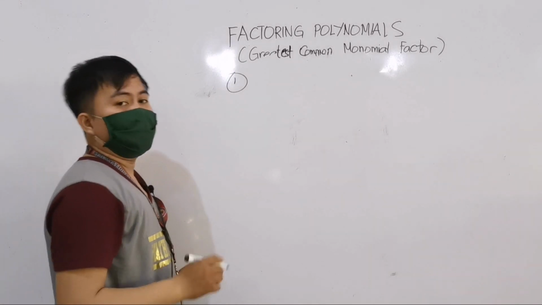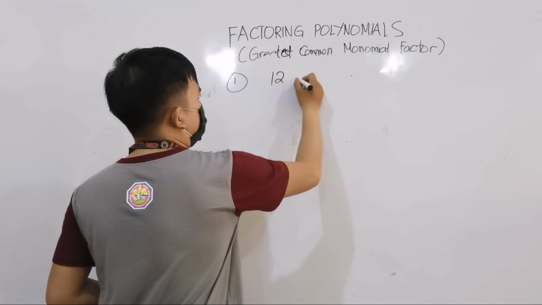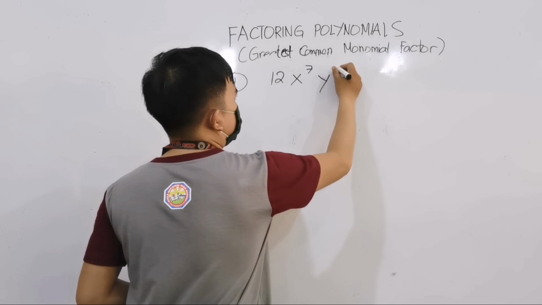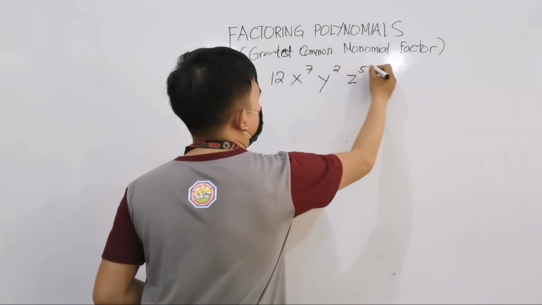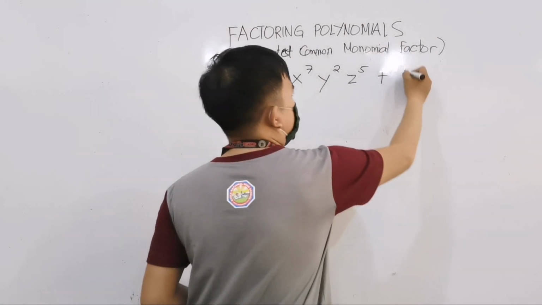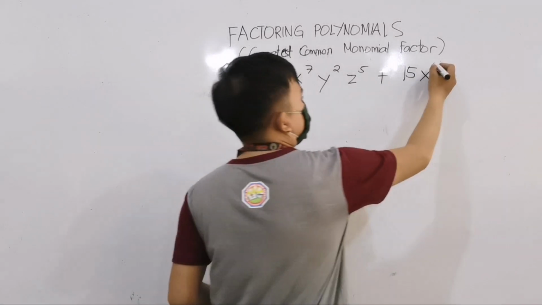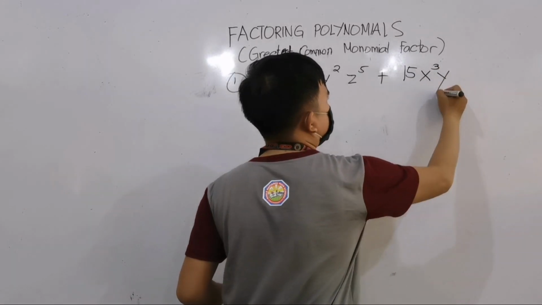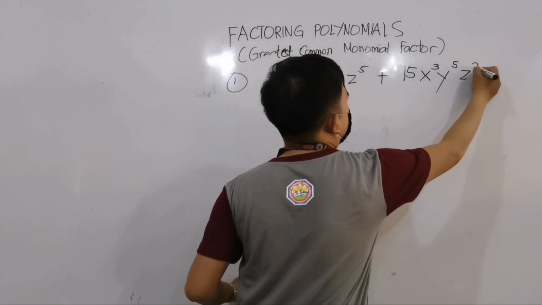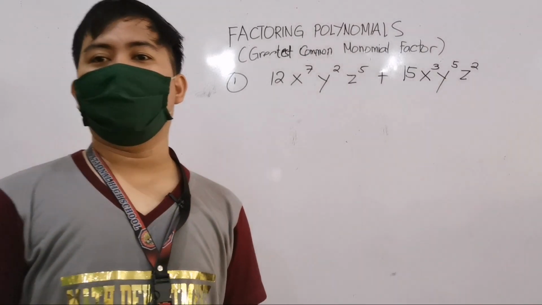What is the factors of 12x raised to 7, y raised to 2, and z raised to 5 plus 15x raised to 3, or x cubed, y raised to 5, and z raised to 2. So paano nga ba kukunin yung factors ng yan?